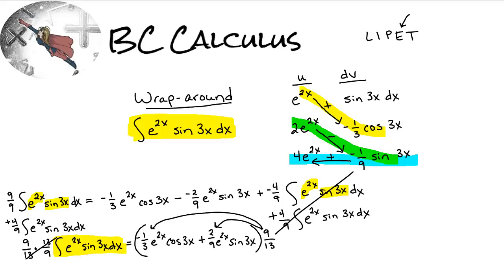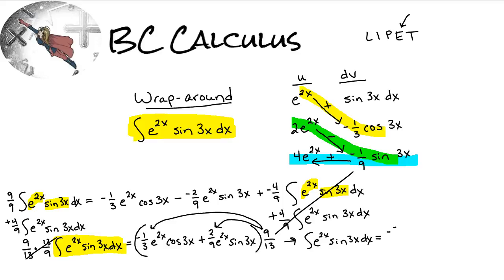So our final answer is saying basically the integral of e to the 2x sine of 3x dx, that's our original problem, equals negative 1/3 times 9/13. I'm distributing now.